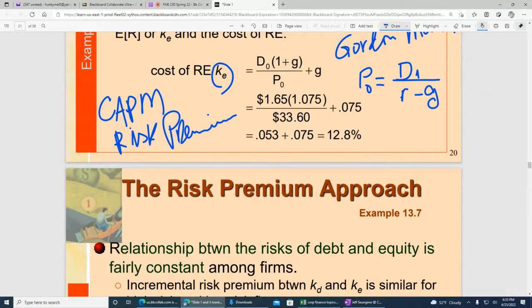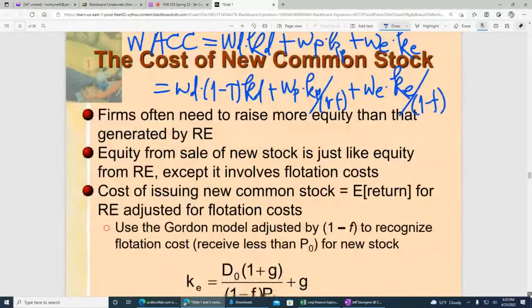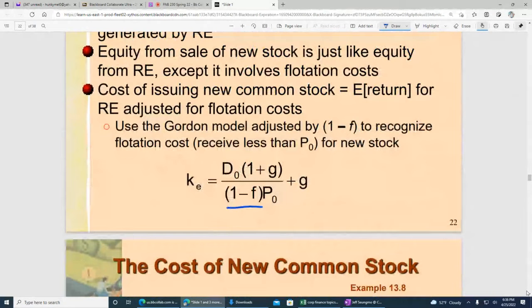In other words, this is the cost of equity. If you solve this equation for the cost of equity, R, then it turns into this. And then we just make an adjustment for flotation cost there.